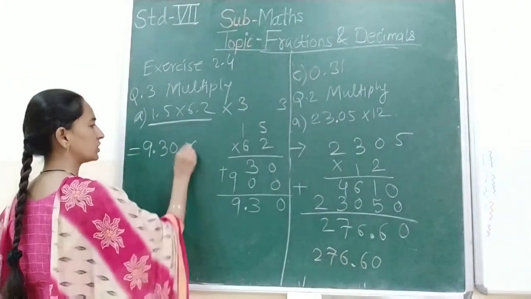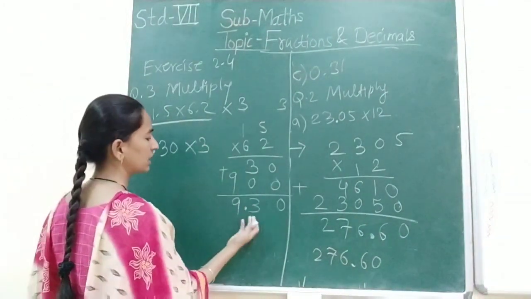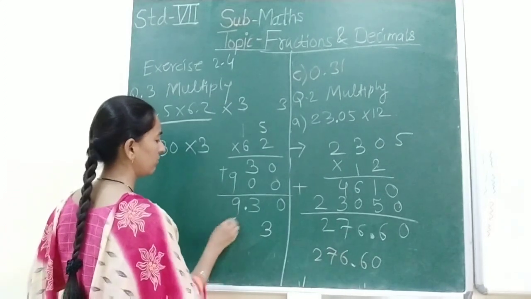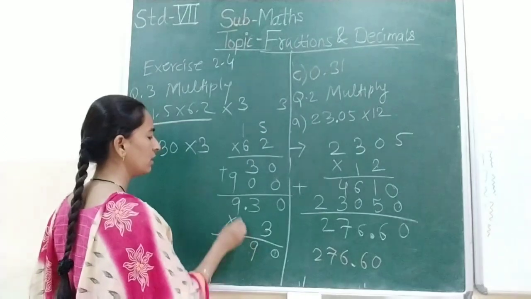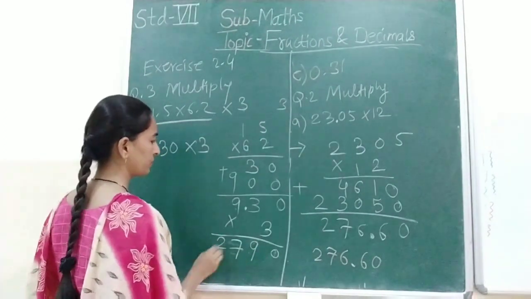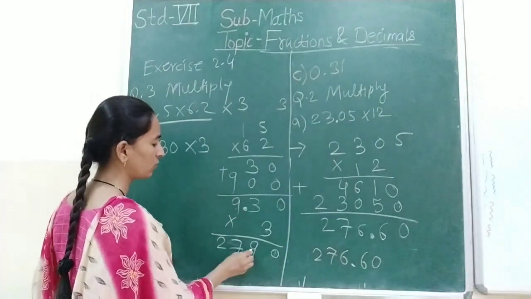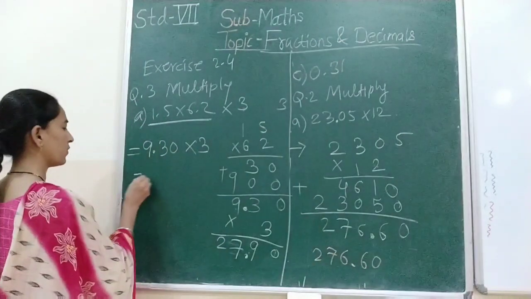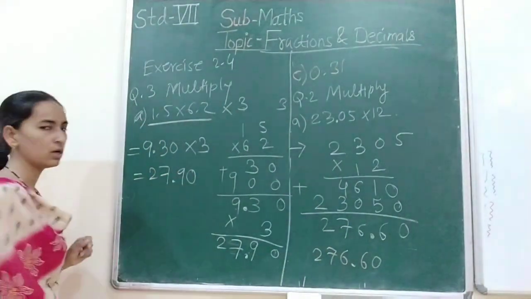Now take the multiplication with 3. Okay. Now I am doing the multiplication here only. Multiply with 3. 3 0s are 0. 3 3s are 9. 9 3s are 27. Okay. Now after decimal 1 2. So 1 2 from right side. Answer for this is 27.90.